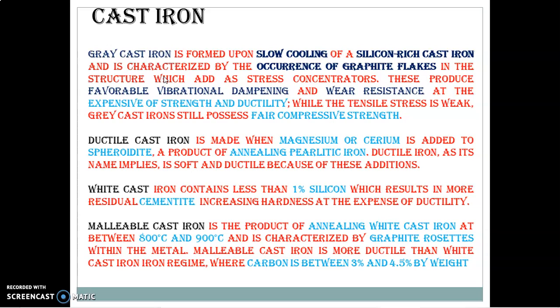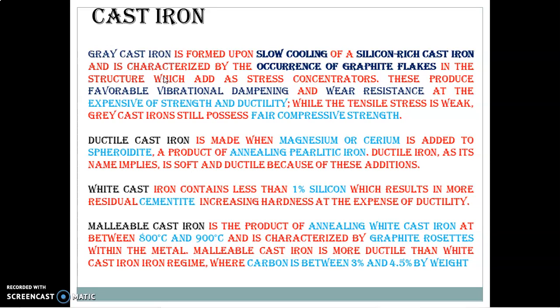In case of grey cast iron, it was graphite flakes. Here we are using the word graphite rosettes for malleable cast iron. So malleable cast iron is more ductile than white cast iron. As the annealing process is carried out on white cast iron to get malleable cast iron, definitely it is more ductile than white cast iron.